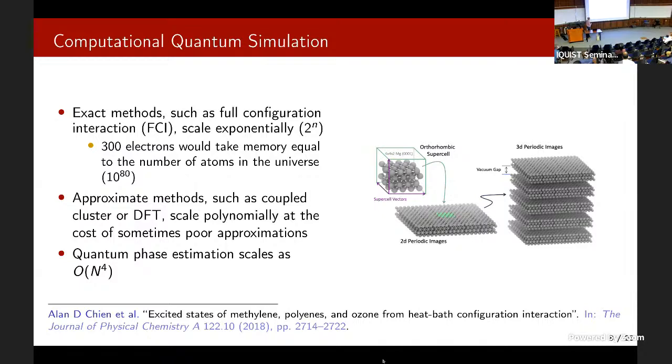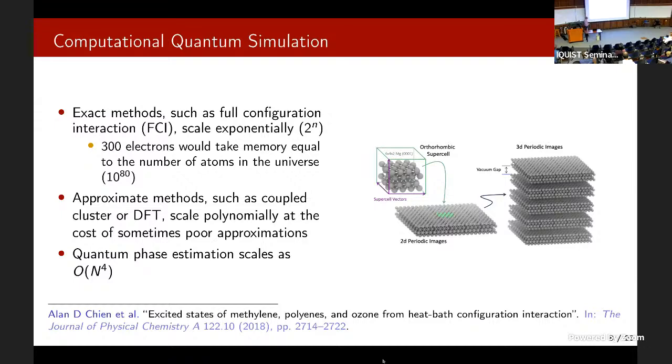If we were to use exact methods, such as full configuration interaction, that requires way too many resources. So we can't get the exact answer on a classical computer. At least we don't have a great way to do it now. There are methods like selected CI and DMRG, which maybe get you closer, but still scale exponentially.